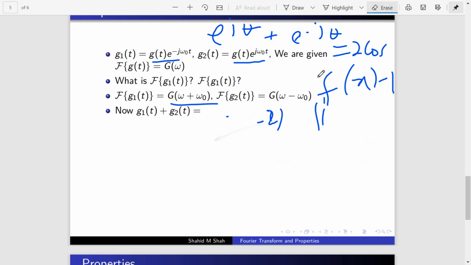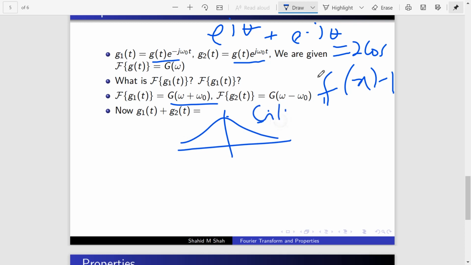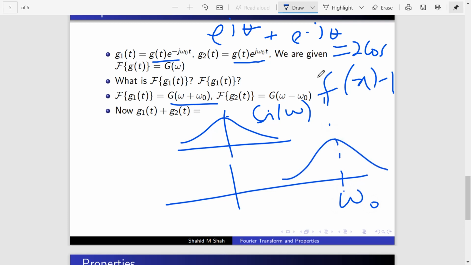So similarly, if you have g of omega as this, okay, so g of omega minus omega naught, especially when omega naught is high, it will be something like this. So this part is g of omega minus omega naught. Any guess what will be g of omega plus omega naught? Yes, some of you might be writing, it is here.